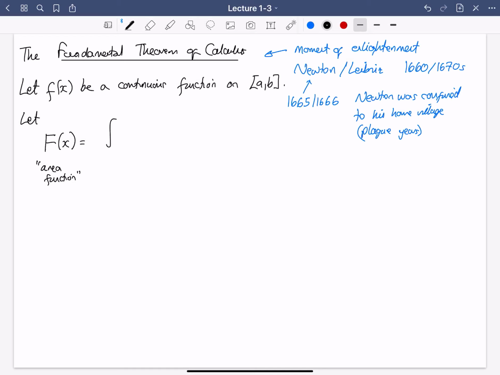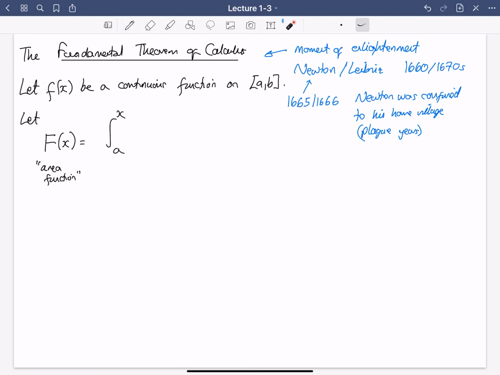This means the integral from a to x. This is a definite integral, but the clever thing is that I'm not putting b at the top here. I'm putting x at the top. So I'm making that right-hand edge of the interval where we're calculating the area vary. So this is a function of x as that right-hand edge changes.